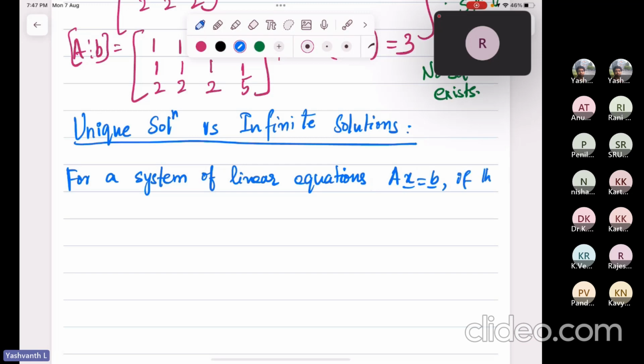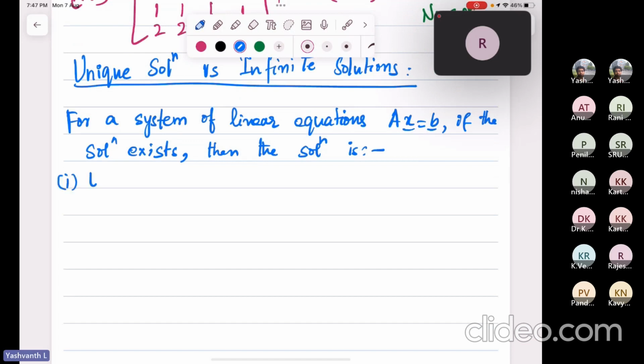If the solution exists, that is, I'm saying consistent, then the solution is, number one, unique, if and only if the null space of the matrix A equals the zero vector.